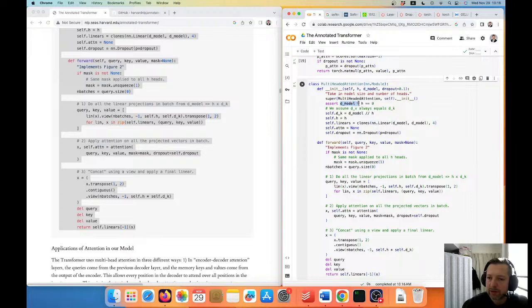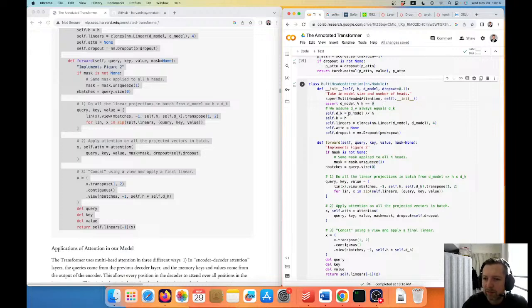Make sure that you can... not sure if this is required. You could probably have attention heads with an unequal size, they don't need to be the same size, I guess.